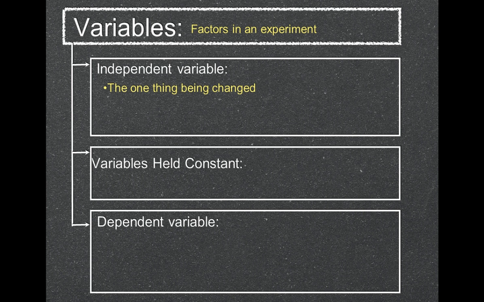So if you think about it, the I in independent looks like the number 1. Because it's the one thing in the experiment that you change, that you're testing. That one thing that's going to be different. You think about an experiment as something working on cause and effect. The independent variable is the cause.